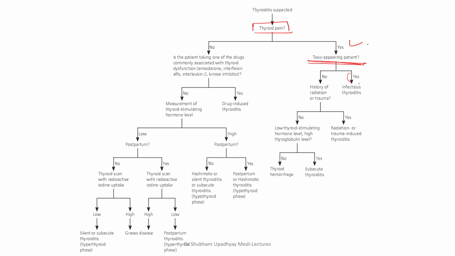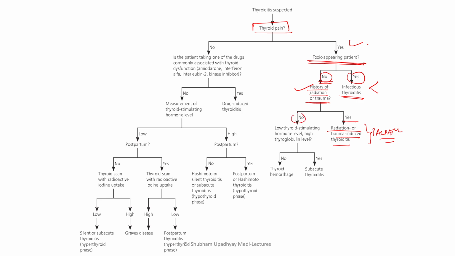If yes, it can be infectious thyroiditis like acute thyroiditis as well as viral subacute thyroiditis. If there are no features of toxicity, then we will ask whether there is history of any radiation or trauma or not. If yes, this can be radiation or trauma induced thyroiditis. Even during palpation, thyroiditis can occur.